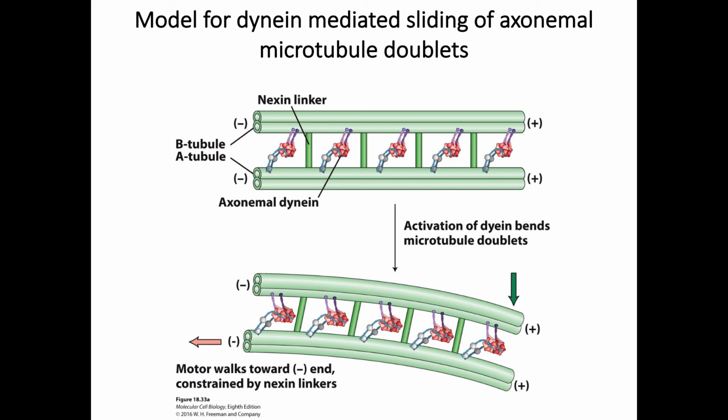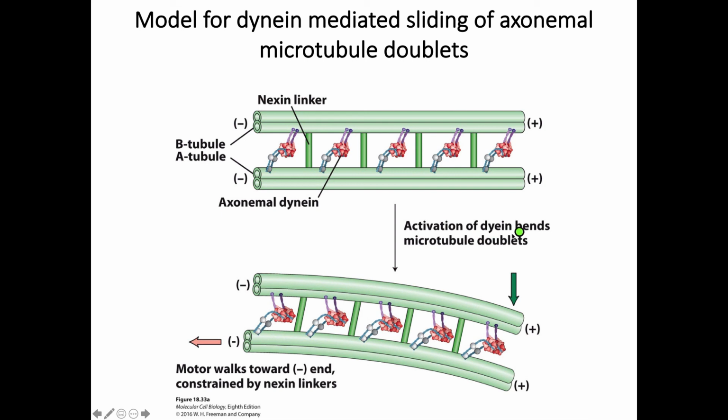You can see the base is attached permanently to the A tubule, and at the top, the head is being attached to the B tubule. And look at the direction of the polarity: you have the plus end on the right-hand side and the minus end on the other side.